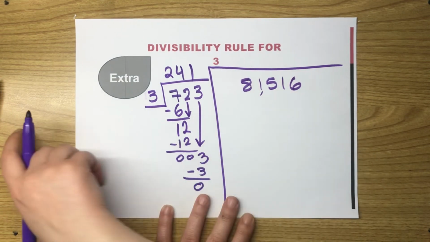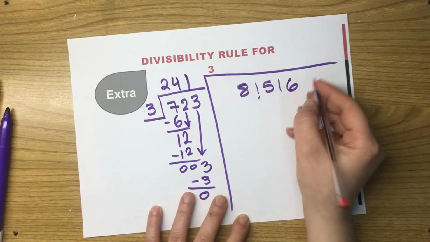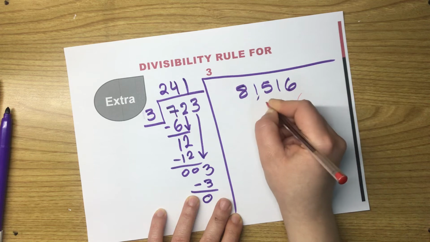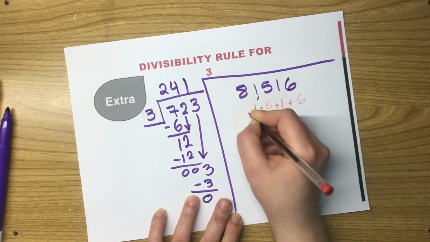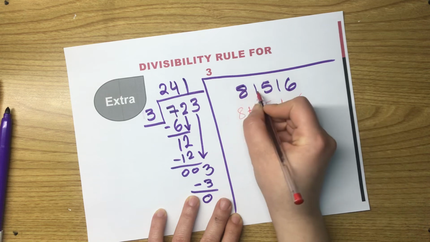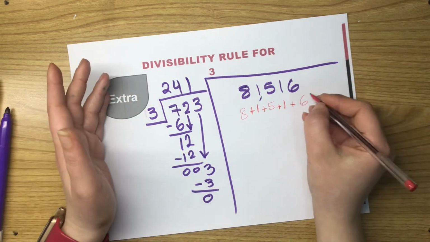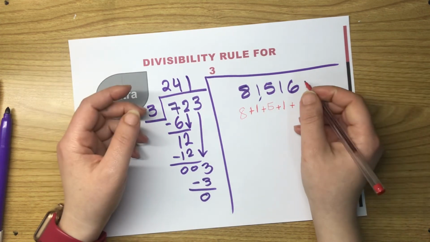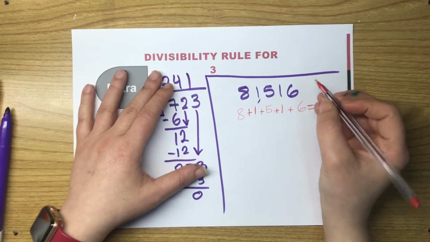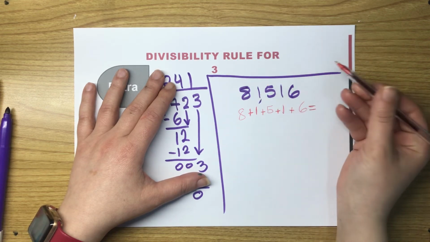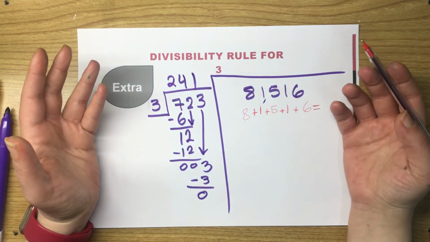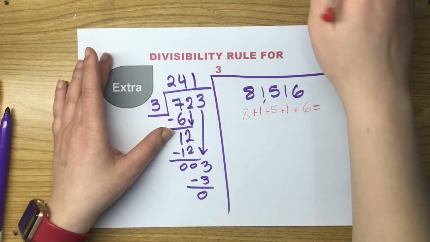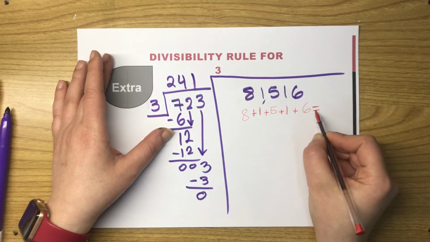What you are going to do is take the 6, add it to the 1, add it to the 5, add it to the other 1, add it to the 8. So you add these digits easily. That's simple. Again, you are going to add these digits together. I know it makes no sense, but they found it out, and it applies on each number that is divisible by 3.